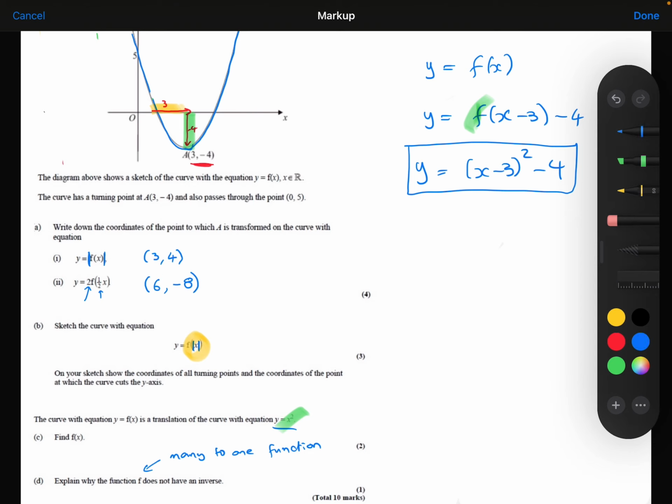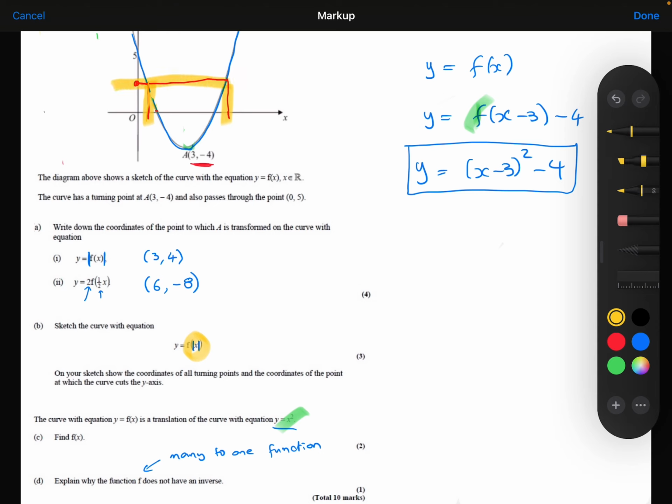That means that there are many values of x that I substitute in that give me one value of y. For example, if I substitute this x value in, then I'm going to get this y value out. But also, if I substituted this x value in, I would get the same y value out. So it is many, as in 2 to 1, many to 1.